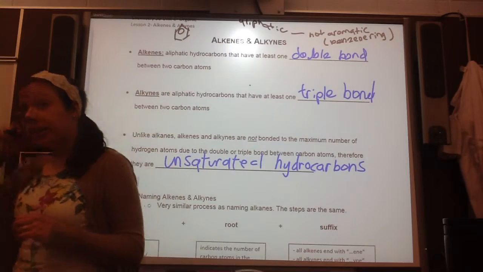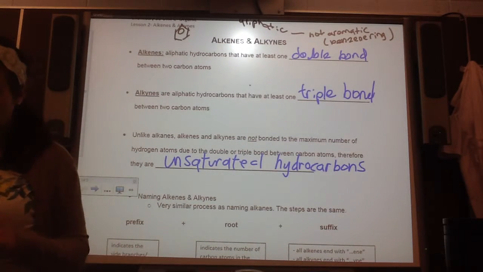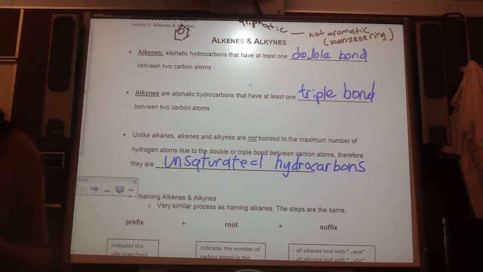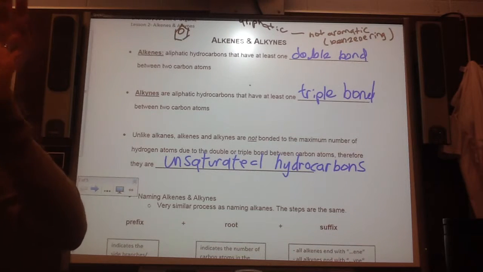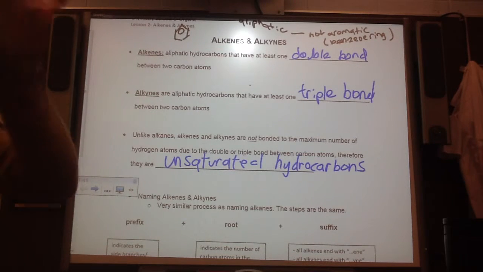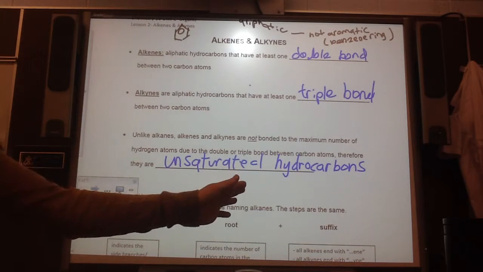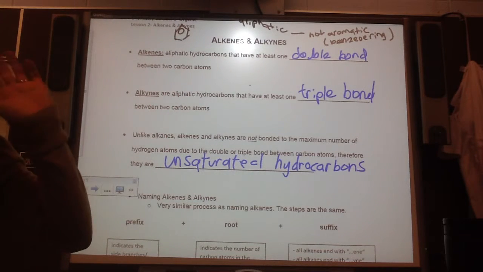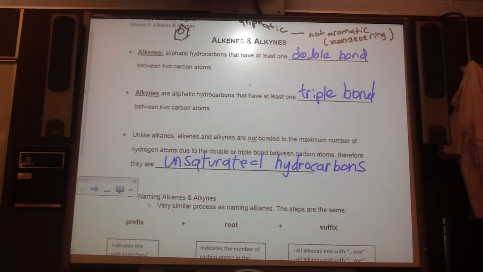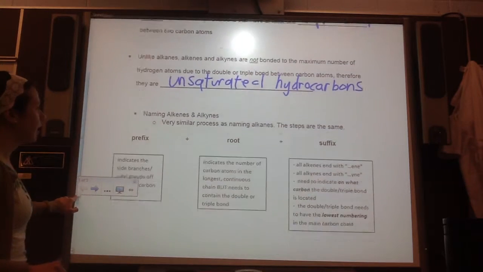If on a test or quiz on Thursday there are options of what is saturated and unsaturated, anything that's double or triple bonded is automatically unsaturated. It doesn't matter if it has only one or 100. As soon as there's a double or triple bond, it's unsaturated.